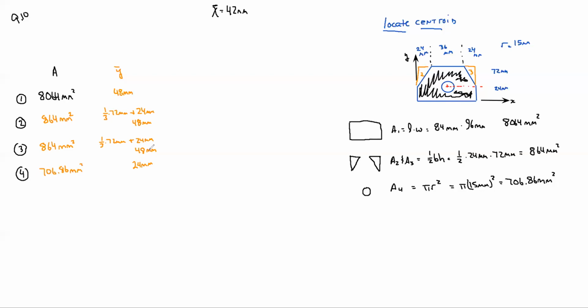And I'm thinking it's 9 millimeters, right? If the distance from here to here is 24 and the distance from here to here is 15, that would be 9. 9 plus 15 is 24. So we could calculate it.